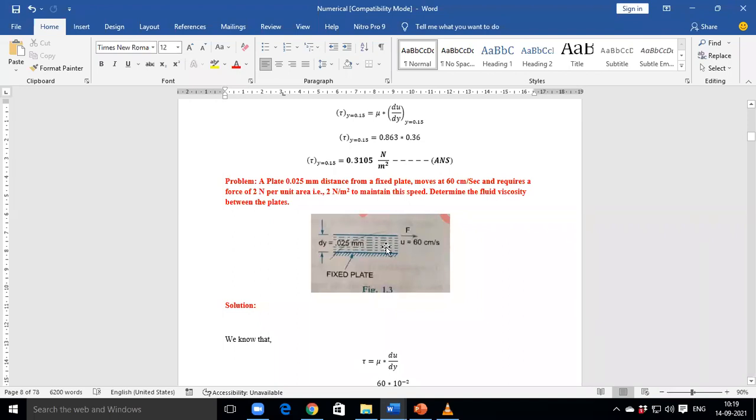We need to determine the viscosity of whatever fluid is between the plates. And to maintain the speed of 60 centimeter per second, how much force is required?